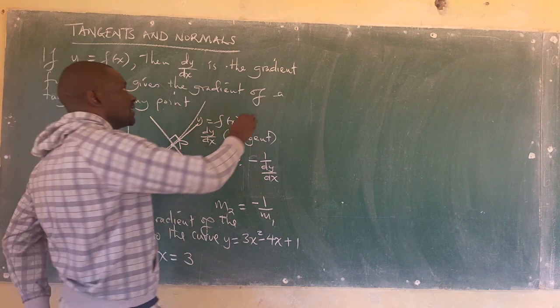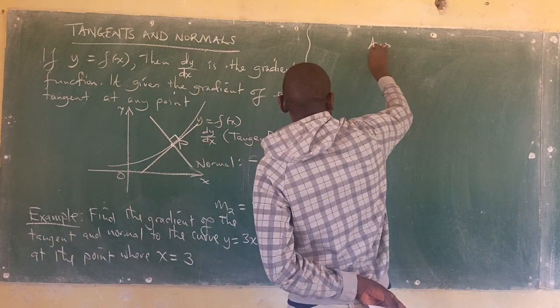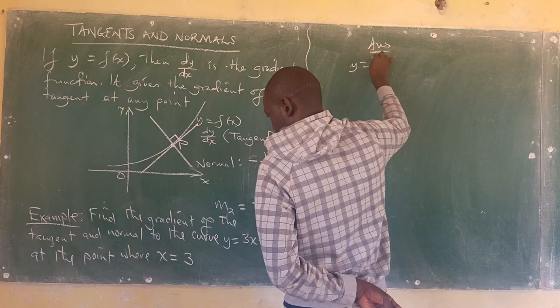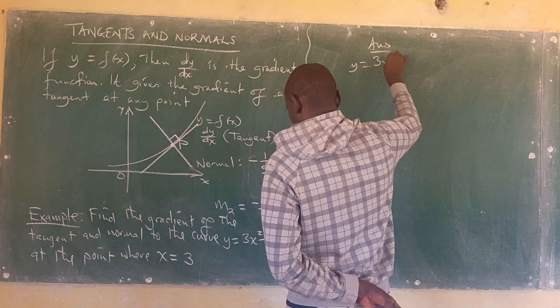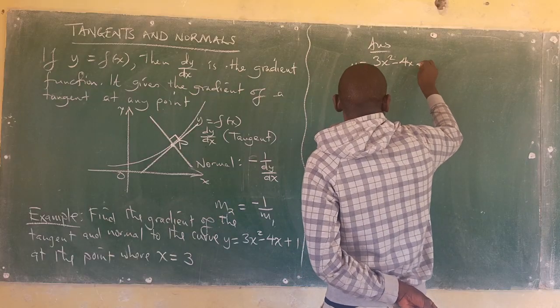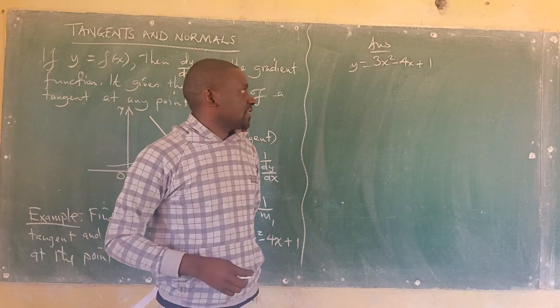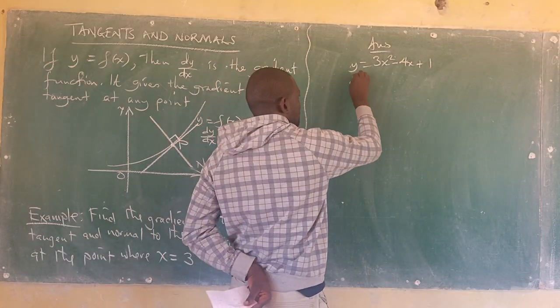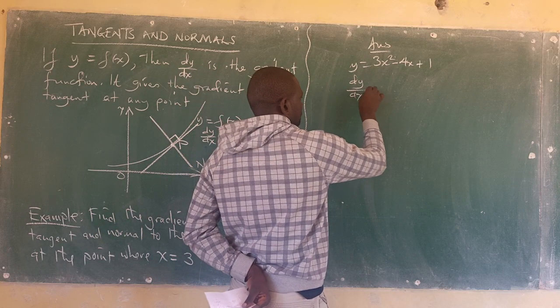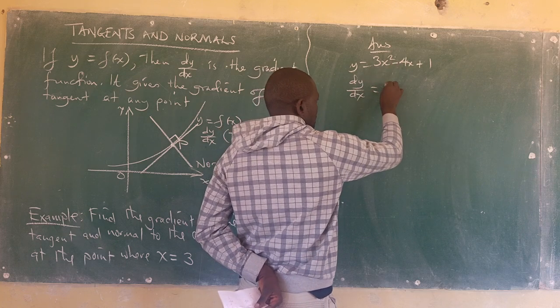So to find this, first of all, our function is y is equal to 3x squared minus 4x plus 1. The first thing that we do is to differentiate this one, so we'll find dy dx. dy dx is simply equal to, this gives us 6.